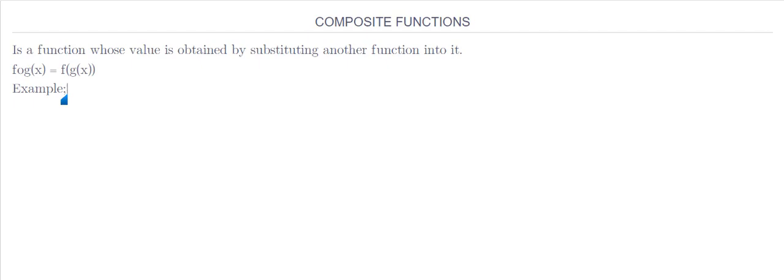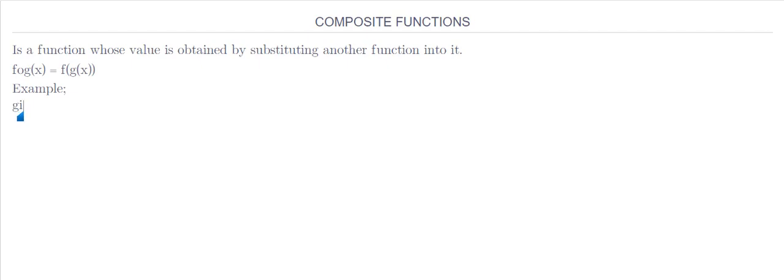The same way in the previous example we substituted, rather than writing x, with x plus 2, we will be substituting the whole function g as the value of x in the function f. Now let's look at an example to make the work easier.